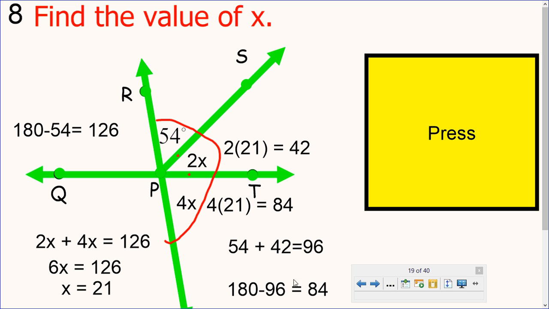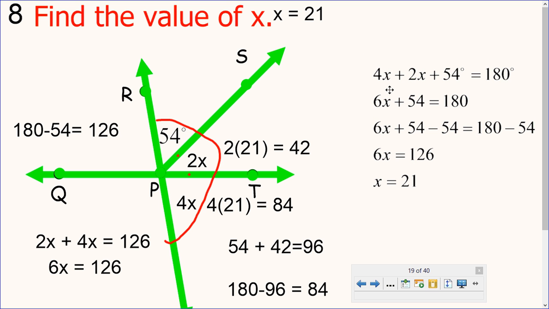So I checked it by doing it a different way to know that I'm sure, and I can check the whole thing by adding 54, 42, and 84. That should add up to 180, which is the straight line. But let's not lose point of the question. They wanted us to find the value of x, so x is equal to 21. So there's what we were asked to find.